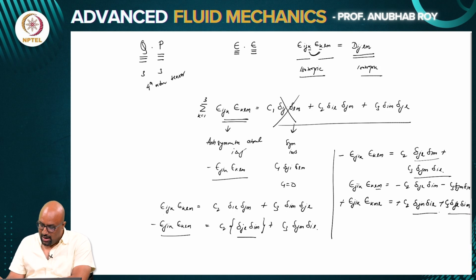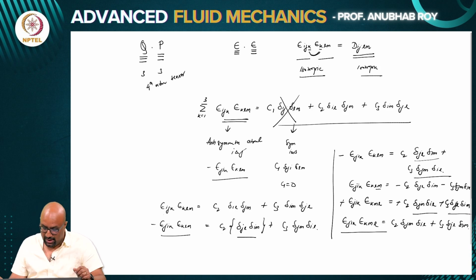So if we are trying to actually work out what these would be, now going back to what my indices are, I have epsilon jik epsilon kml is equal to C2 delta jm delta il plus C3 delta jl delta im.